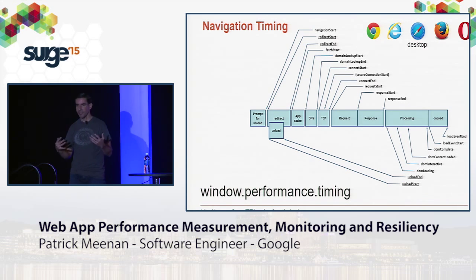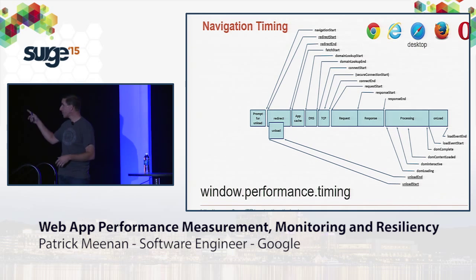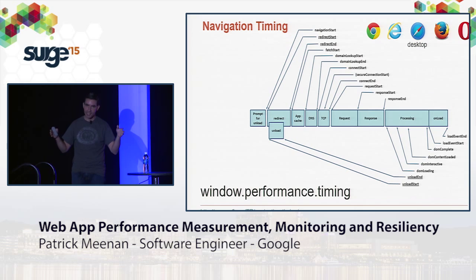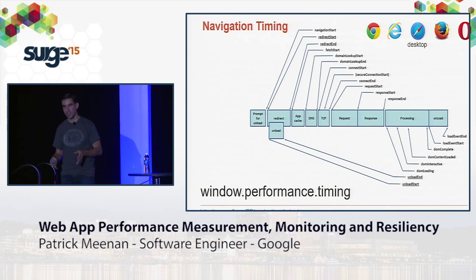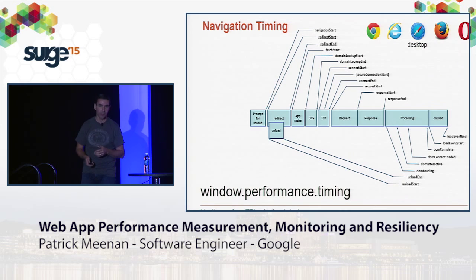OCSP stapling, some of the things you want to avoid having to do cert verification checks out of band. So if you start getting long TCP connect times in the field, you have to start digging in with other tools to figure out, okay, is it our TCP or is it our SSL stack that's not tuned quite well for delivery?